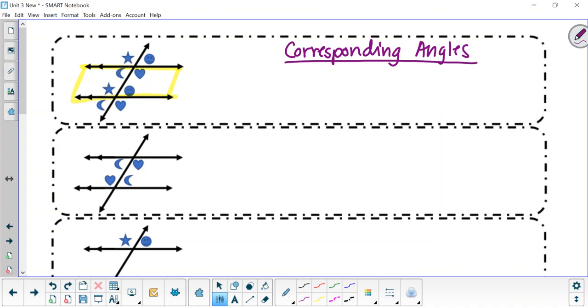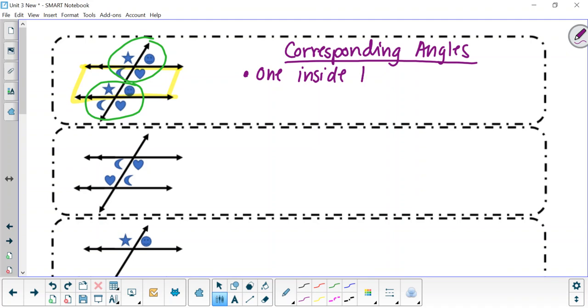Corresponding angles are special because if you notice, at the top we have star, happy face, moon, heart. Same at the bottom, star, happy face, moon, heart. So if you were to draw a circle around each four, we have a circle on the top and a circle at the bottom.